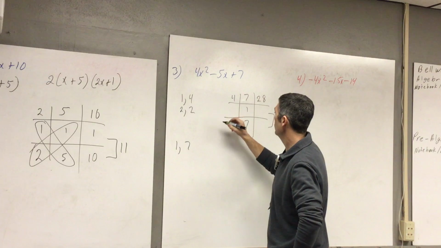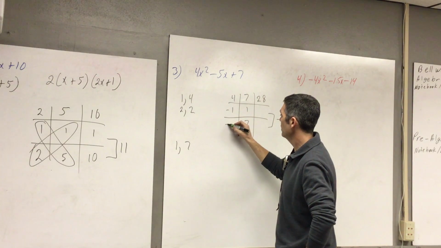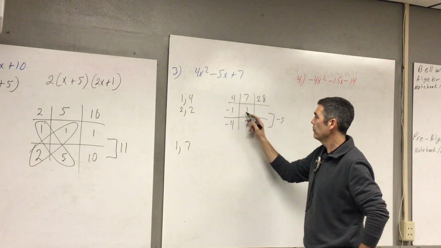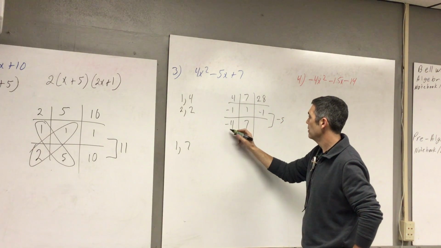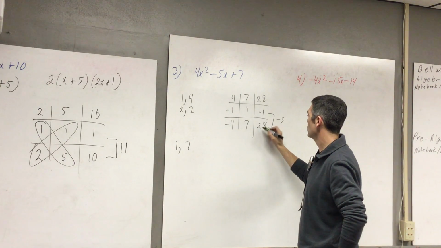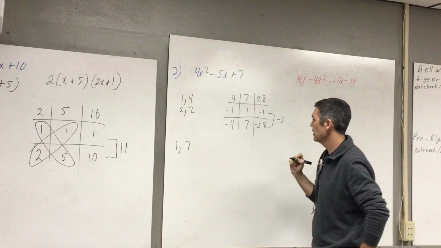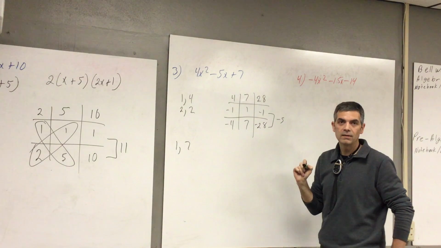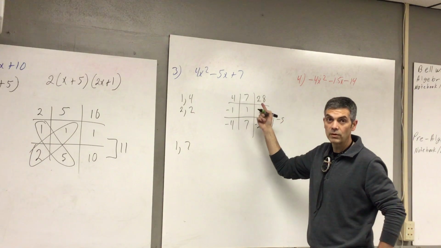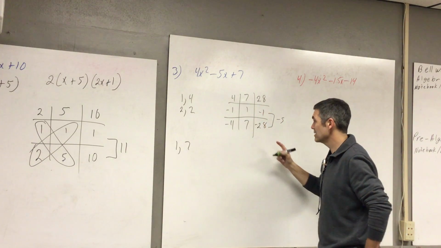All right, so it's got to be -1, -4, okay? Because -1 gets us -1, -4, 7's -28, and those two don't add up to get us -5. They do get us a +28, but that doesn't work.